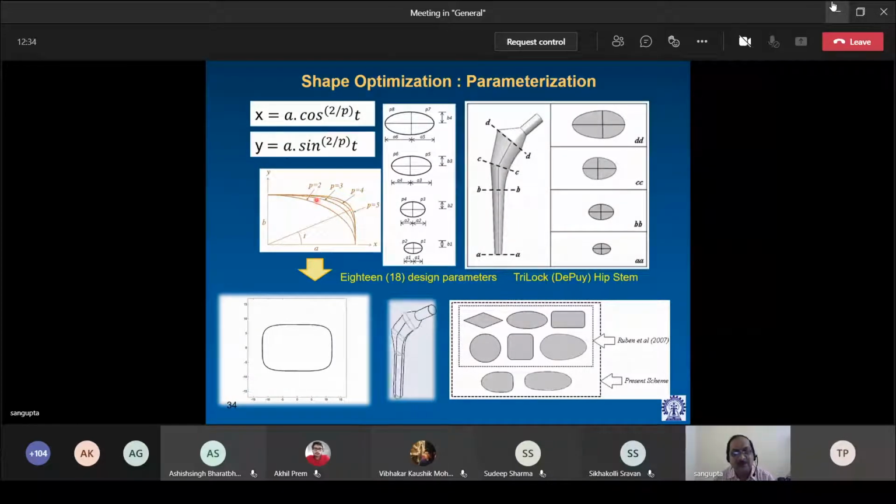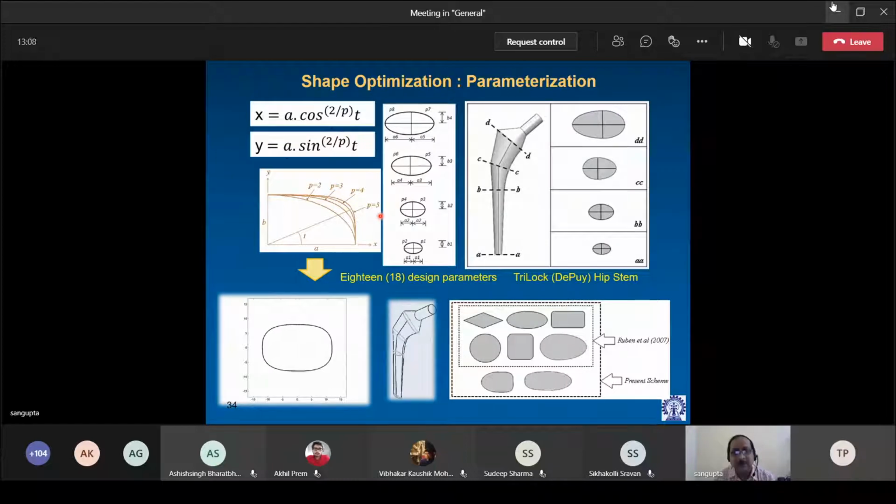Okay, so as you increase the power, the curve actually changes its shape from ellipse to super ellipse. Okay, so we can express x and y if we consider the cross section of at AA, BB, CC, DD. We can express x and y, the basic geometry, as a function of the parameter p, and this parameter p can vary from 2 to 5.